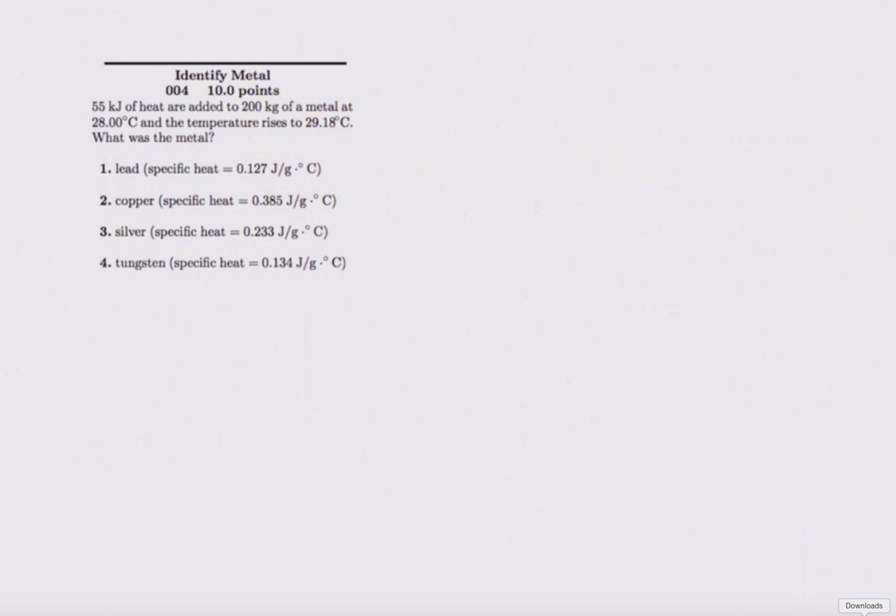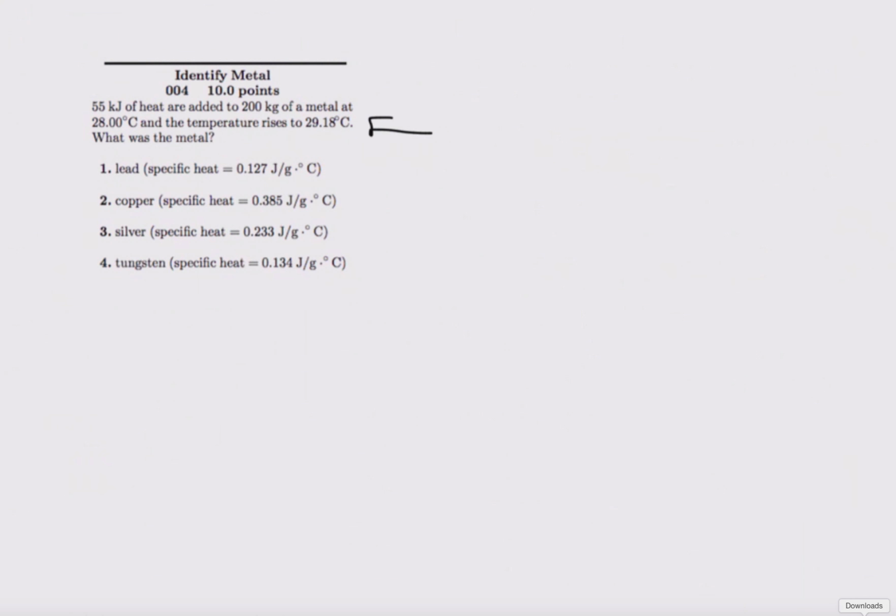So we've got the temperature change, which is 1.18 degrees Celsius, right? Because it goes from 28 to 29.18. We know that it is 200 kilograms, which would be 200 times 1,000 grams.